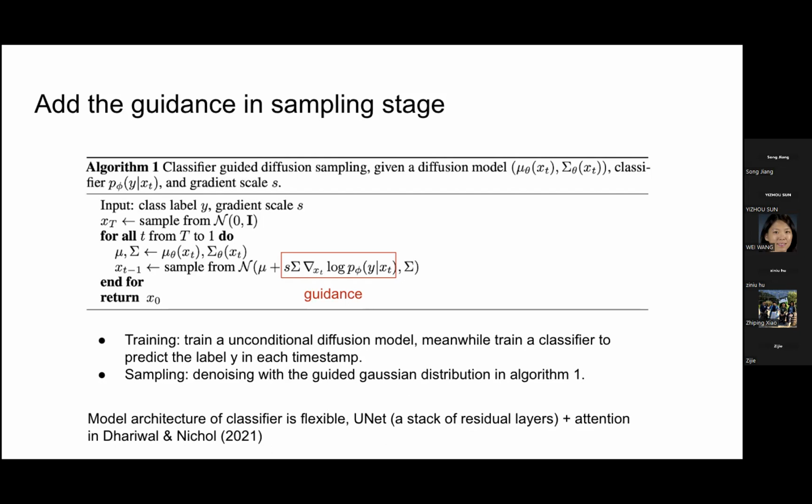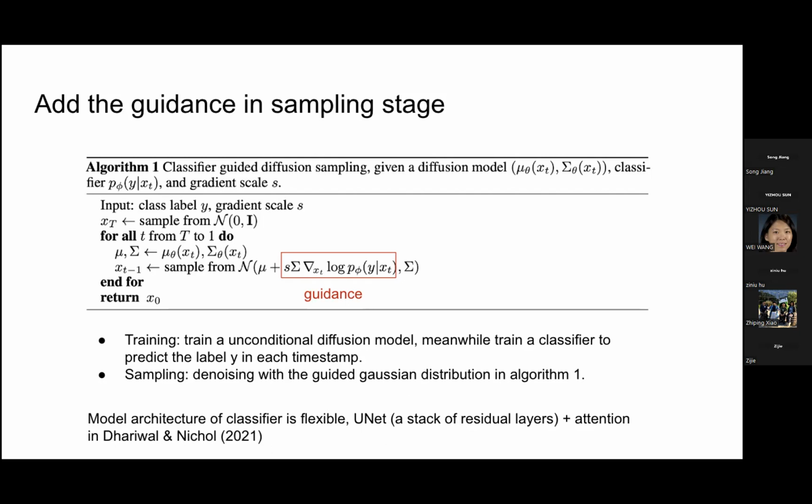This part I'm not sure about, but the idea is that they need to handle every time step of the noisy data. I think it is one model, because in the experiment section, the classifier actually takes in another parameter t, like xt and t.